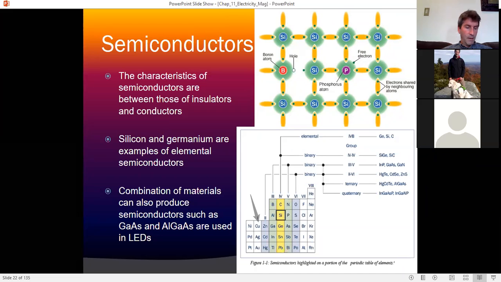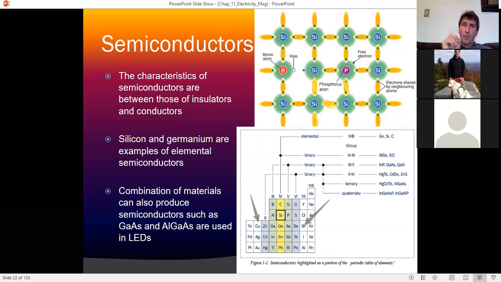Everything to its right is pretty much a non-metal. But silicon's sort of in between, okay? It's technically a covalent material. So the electrons are pretty much stuck between the different bonds holding the silicon together, okay? But some of them are not very strongly held.